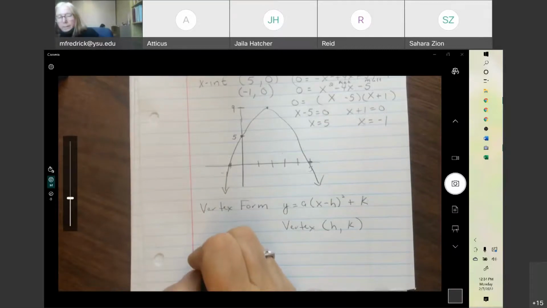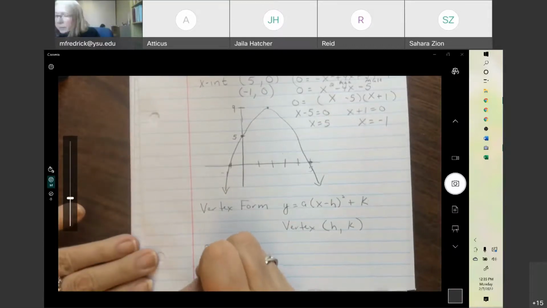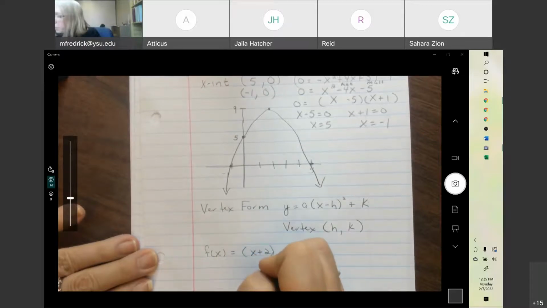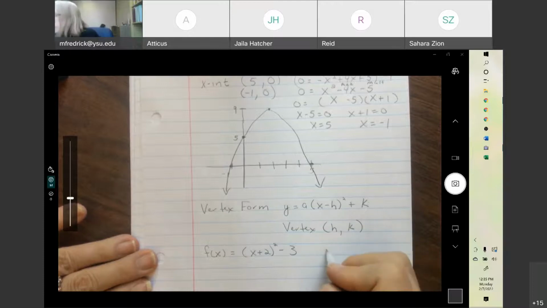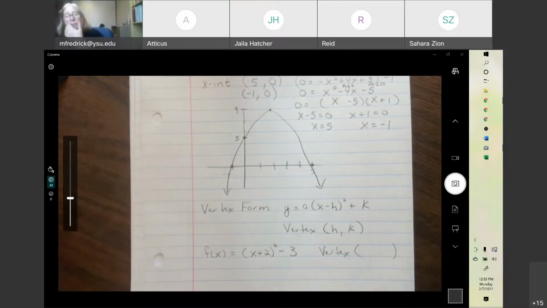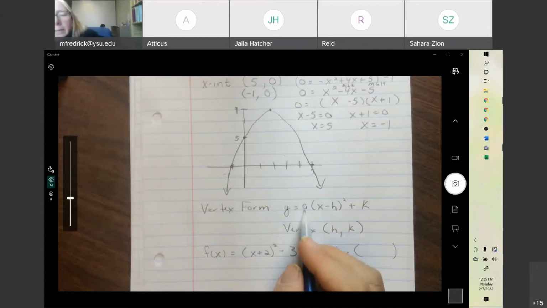So if we have f of x equals x plus 2 squared minus 3, we want to find the vertex and then graph it. The a is in front.